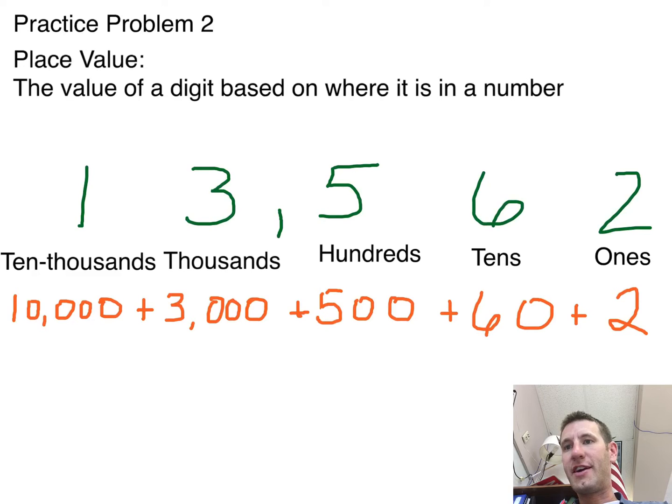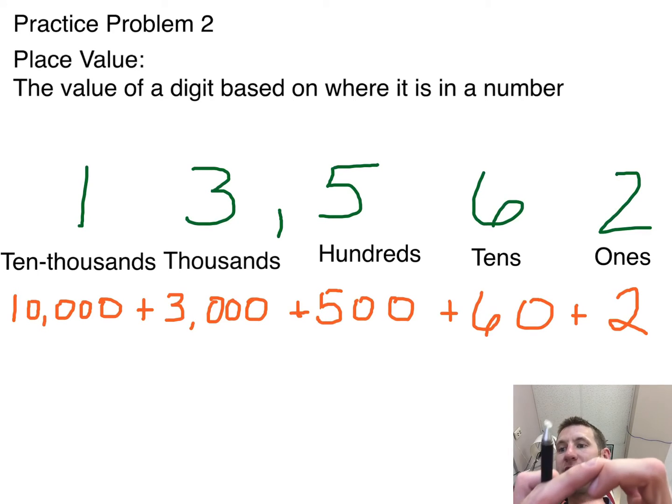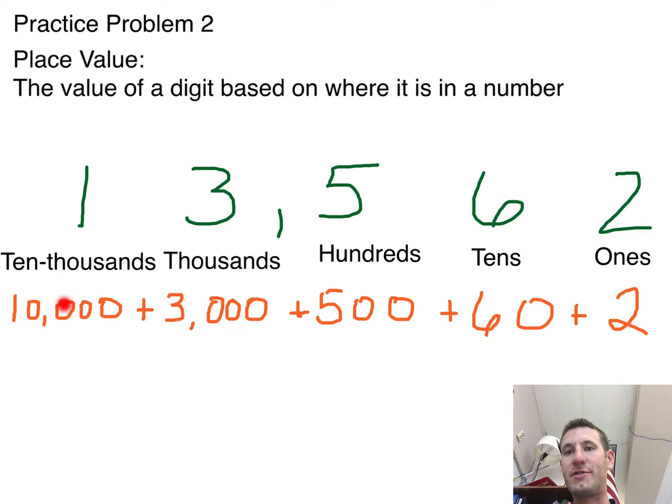So I have 13,562, written up here in standard form, and I've broken it down, or decomposed it, into expanded form, and that means I have 10,000 plus 3,000 plus 500 plus 60 plus 2.